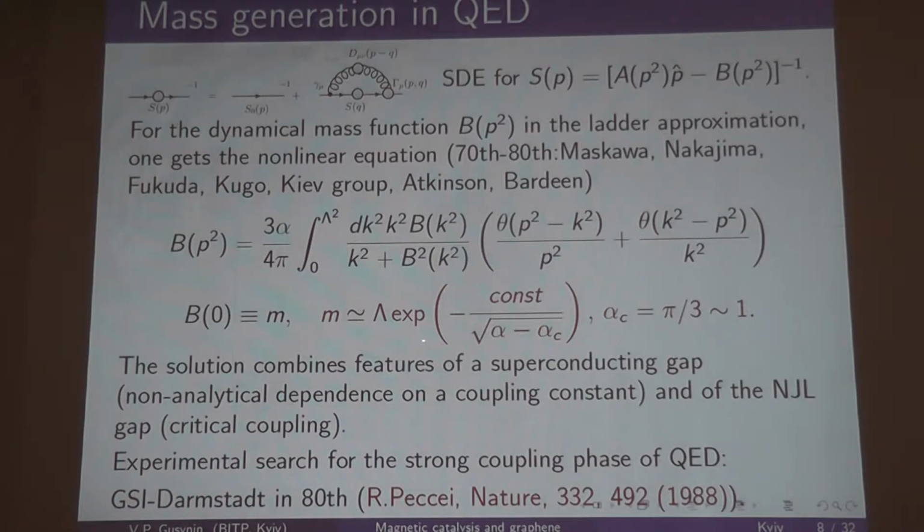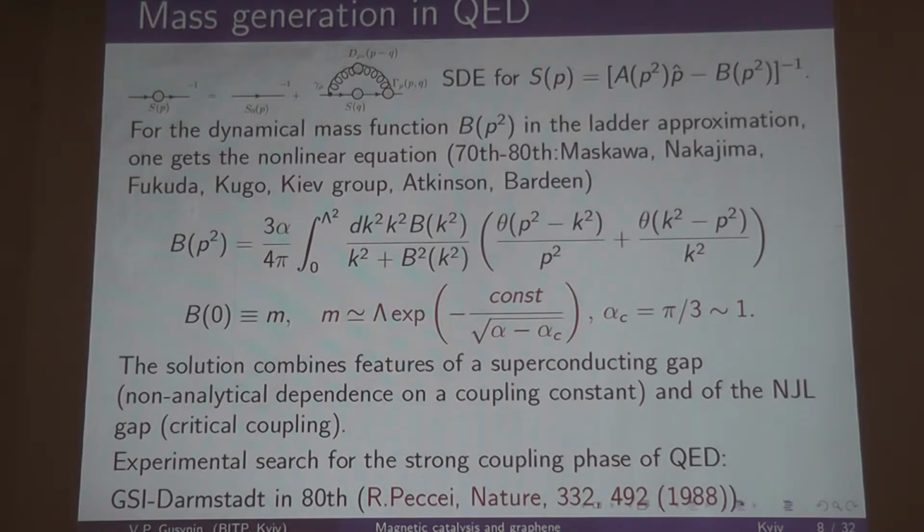So this solution combines two features present already in the Nambu–Jona-Lasinio model. First is the non-analytical dependence on the coupling constant. Of course, this dependence is a bit different, but nevertheless non-analytical behavior.